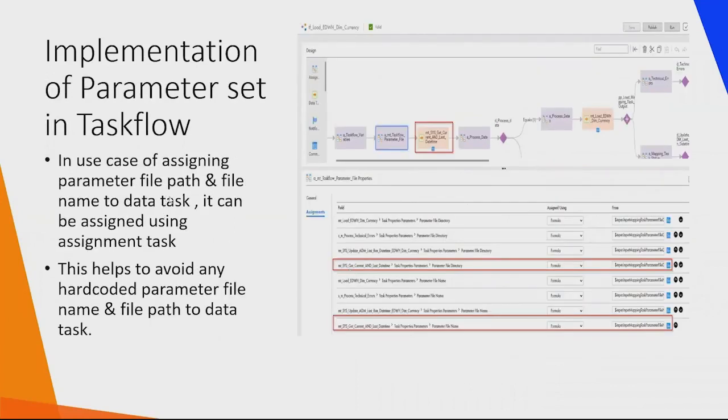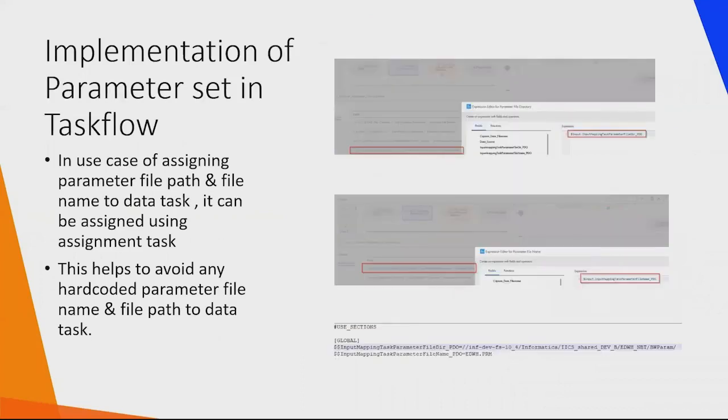Another use case that I discussed was, in case you want to pass the parameter file path and the file name to any data task, this parameter set can be used. So instead of hard coding that path and the file name over here, we can set that as a parameter, and then assign the value as the path of that parameter.